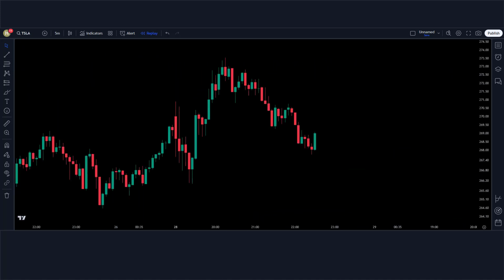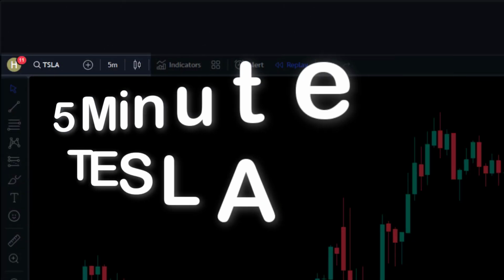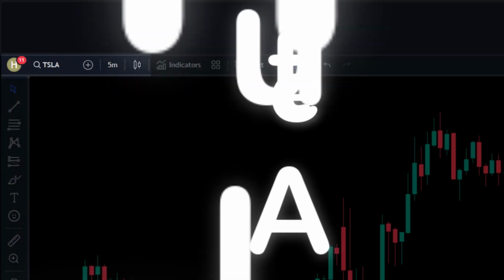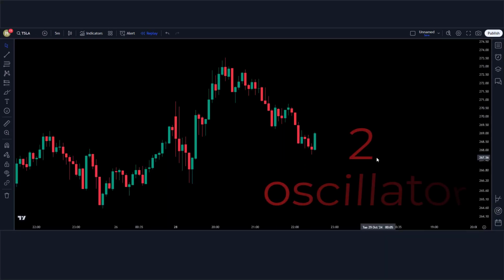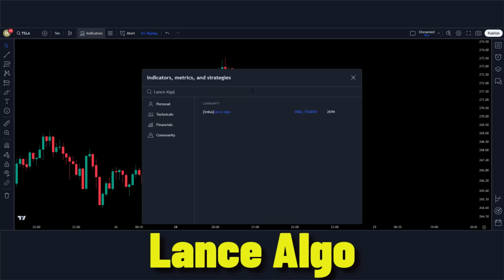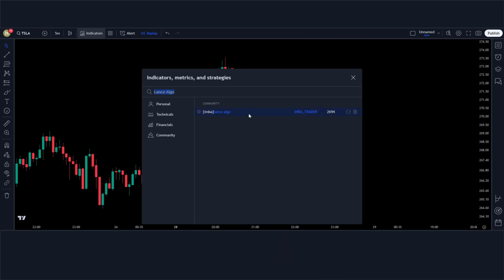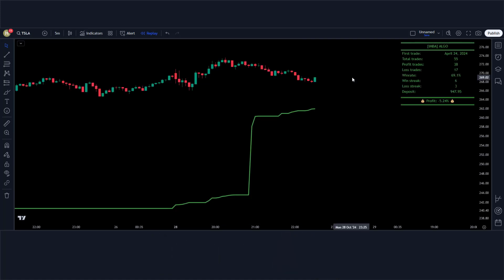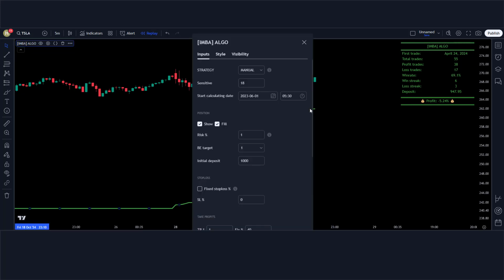So let's get started. Now let's create a trading setup. We are going to test this strategy on the 5-minute time frame in the Tesla chart. In this setup we would require two indicators. The first indicator name is Lance Algo. Keep the indicator settings as I have shown here.